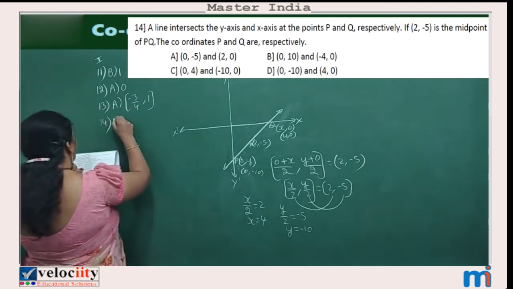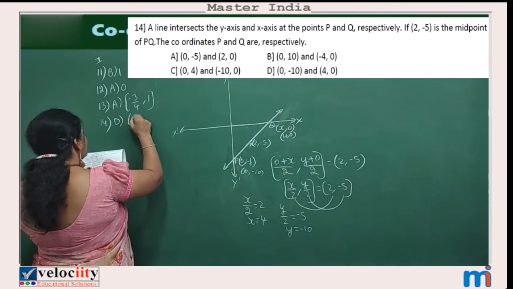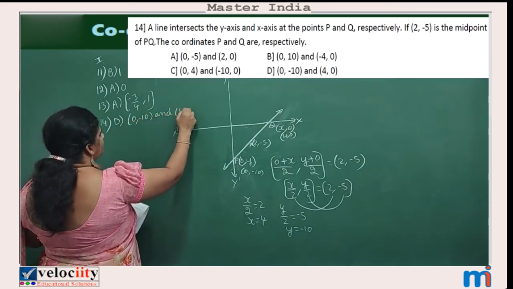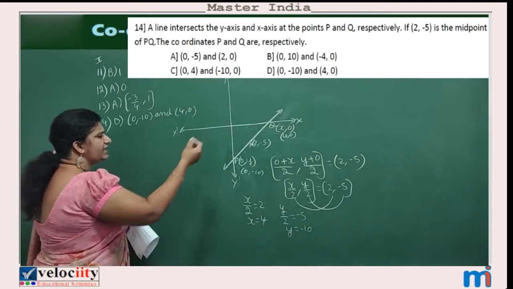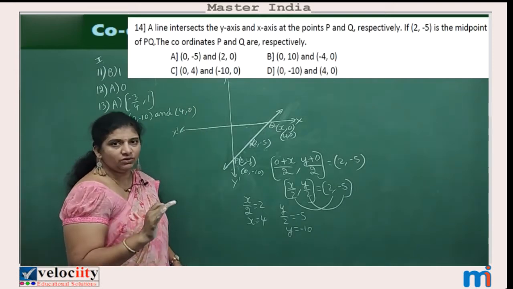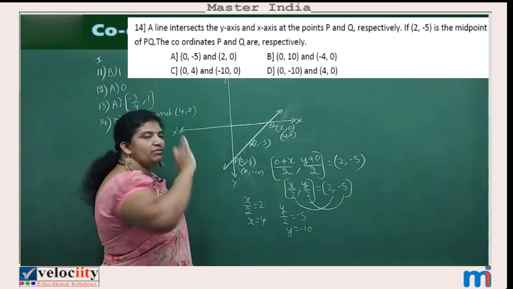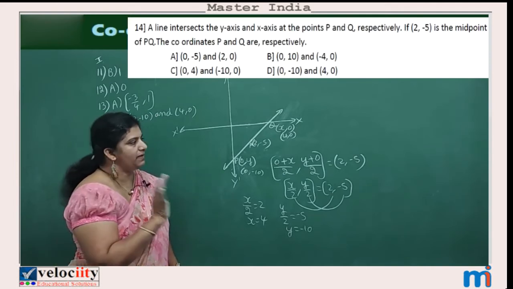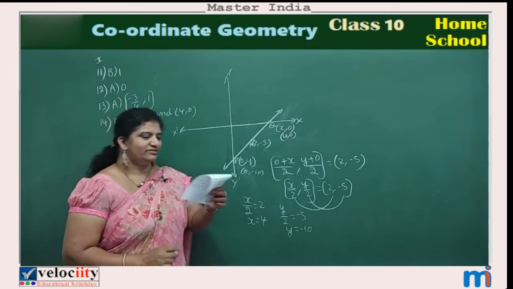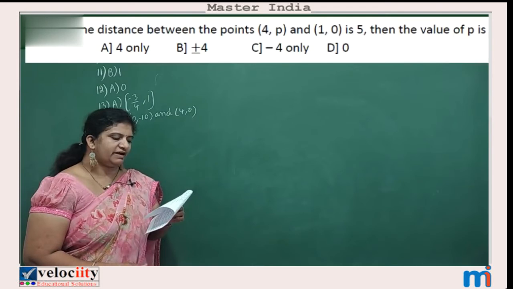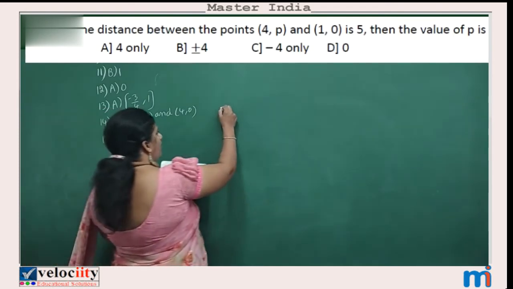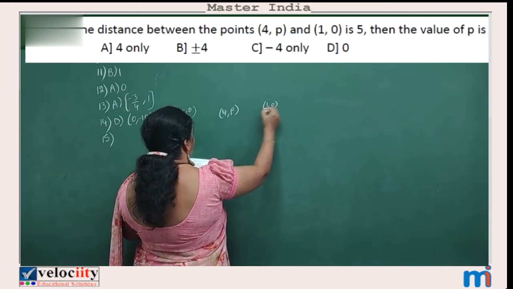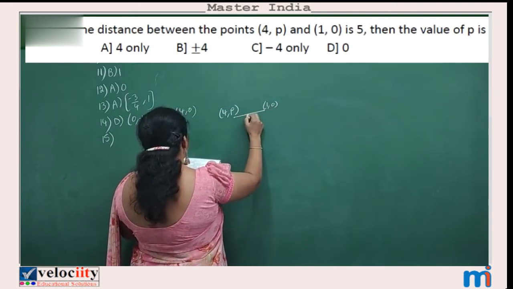Yes, it is your option D. 0 comma minus 10 and 4 comma 0. Like this, if any coordinates, if they ask you, first identify the midpoint coordinate, where it lies, and then apply the formula.